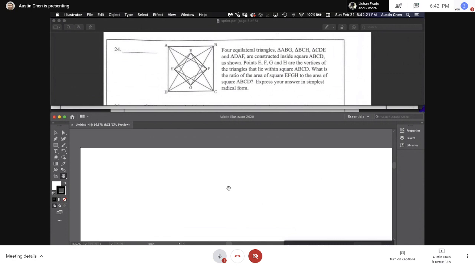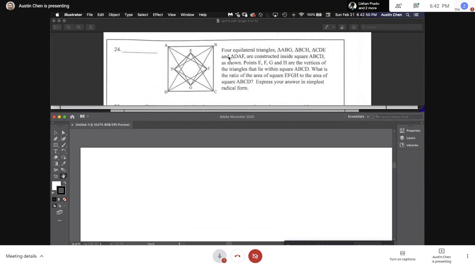Okay, at first, this looks pretty complicated. You have a lot of lines and stuff. But you just want to break it down a little bit. So first, identify where the triangles are. This is ABG, this is BCH, this is CDE, and this is DAF.